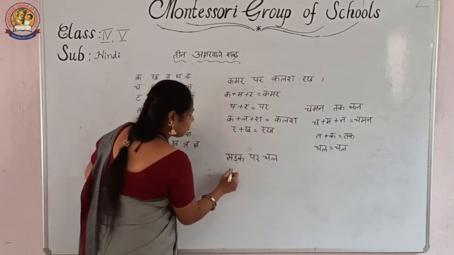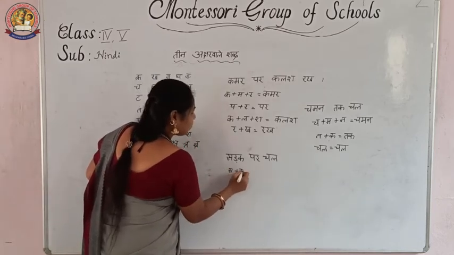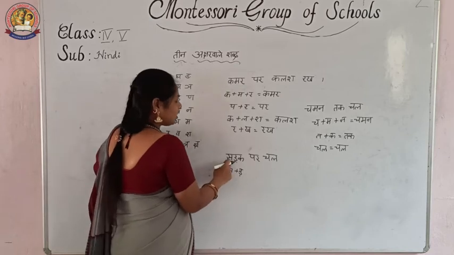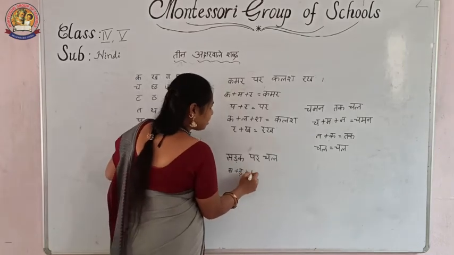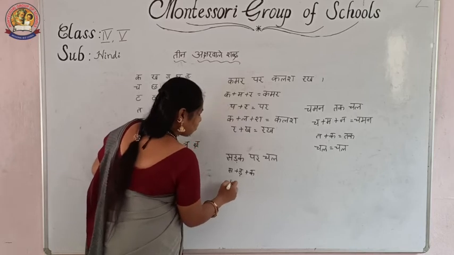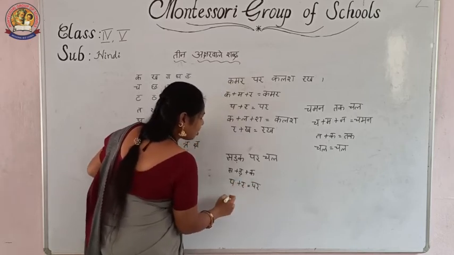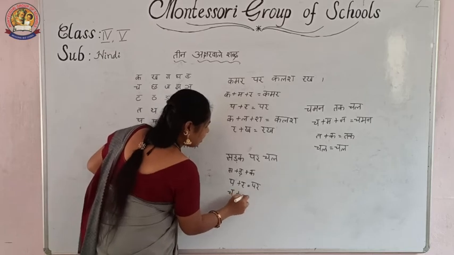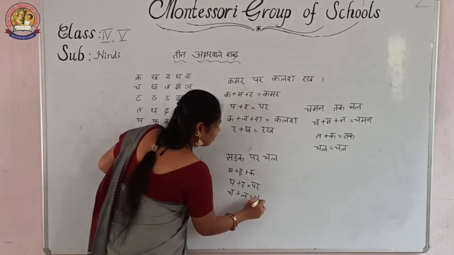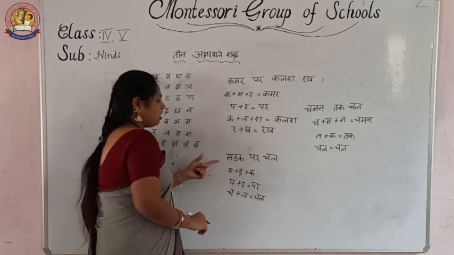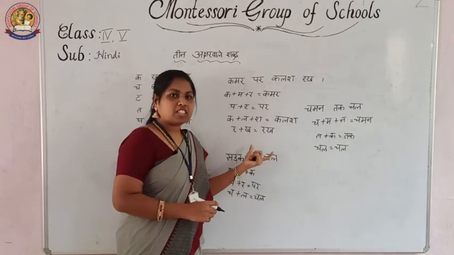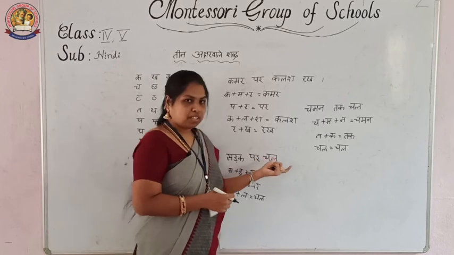Sadak, sa. What are the letters given here? Sa, da plus ka, sadak. Pa plus ra, par. Chal, cha plus la, chal. Sadak par chal. Sadak par chal means walk on the footpath.